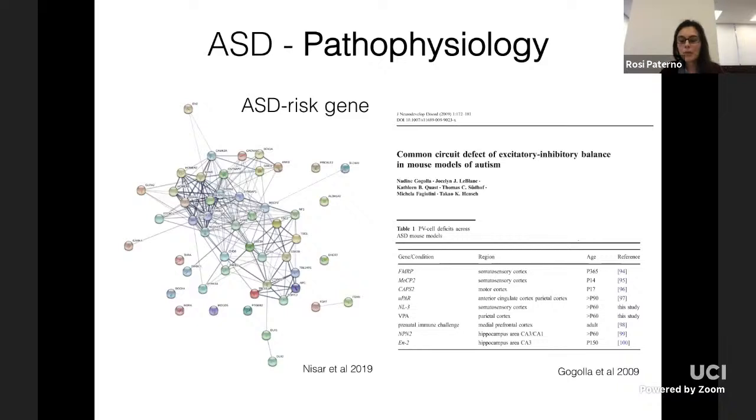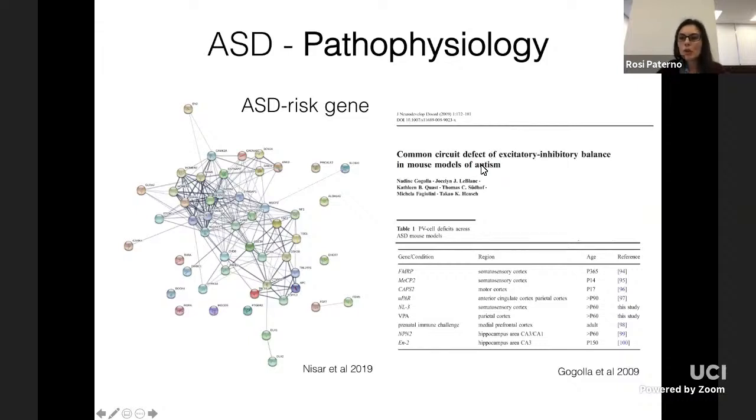This is a paper from 2009, so it's already more than 10 years ago, in which they advanced the hypothesis that the complexity of autism spectrum disorder can be due to an alteration in the excitatory-inhibitory balance during a critical point during development. And in particular, the interneuronal population has been identified as playing a key role in determining this imbalance.